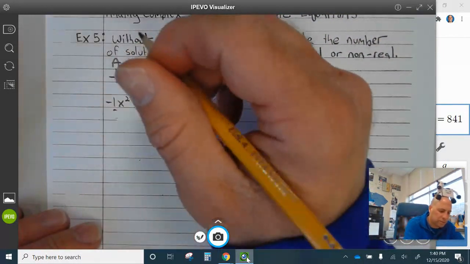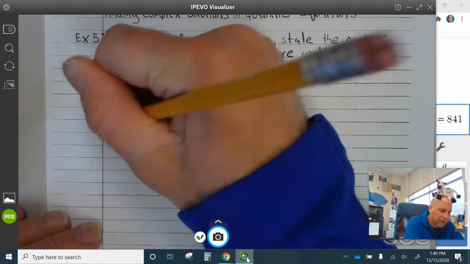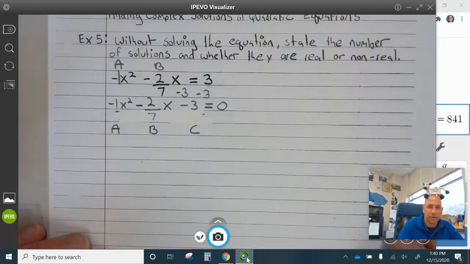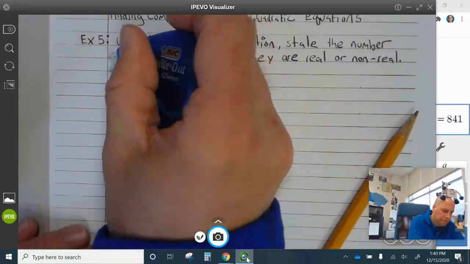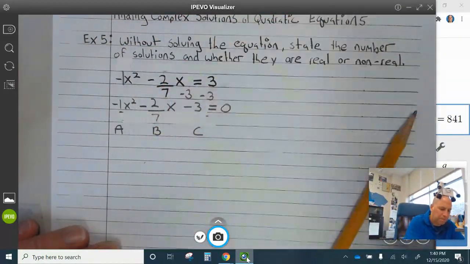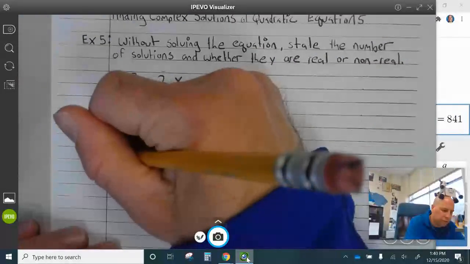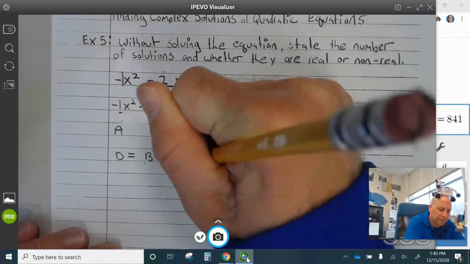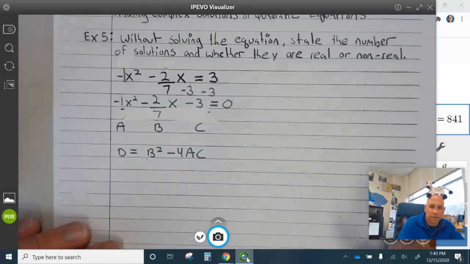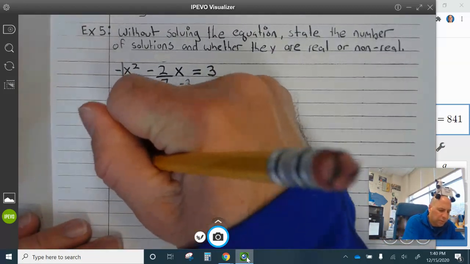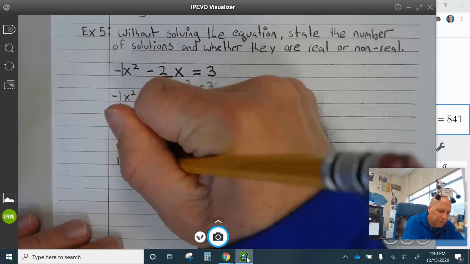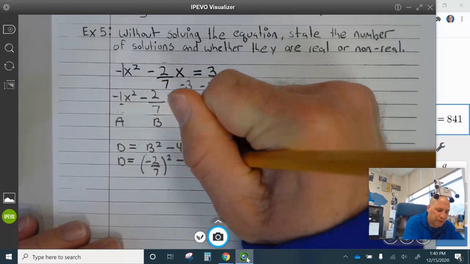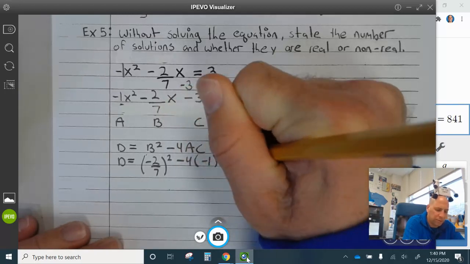Now, this is the a value, this is the b value, and this is the c value. Now we go to discriminant. Discriminant is b squared minus 4 times ac. So D equals b, which is negative 2/7 squared, minus 4 times a, which is negative 1, times c, which is negative 3.